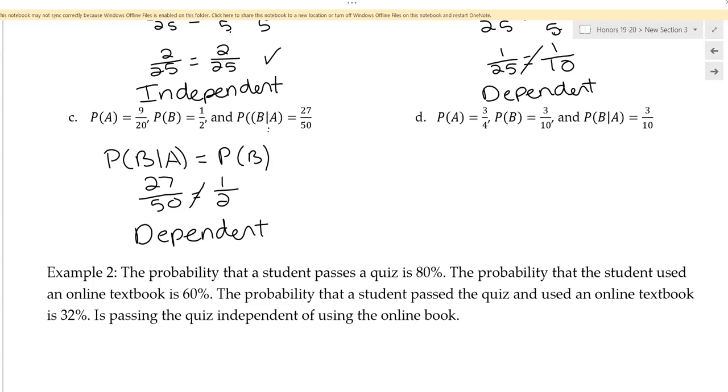Same thing for D, probability of A, probability of B, and then the probability of B given A. So I'm going to use that probability of B given A independence test. And I have 3/10 which equals 3/10.